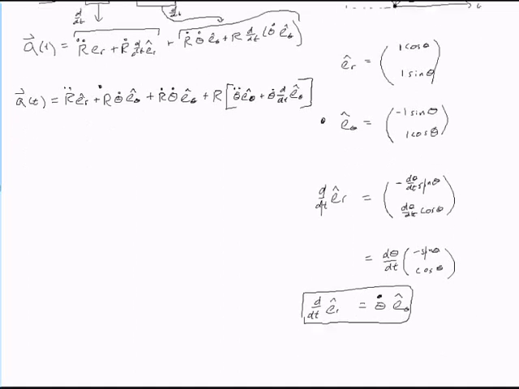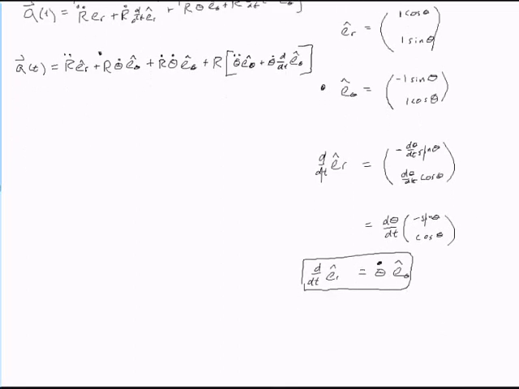Alright, so now in order to do this we need to figure out a new thing. What's the derivative of our unit vector in the theta direction? What is d/dt of e theta hat? Well, we can simply derive it with respect to time, because we figured out what it was in the x and y coordinates.